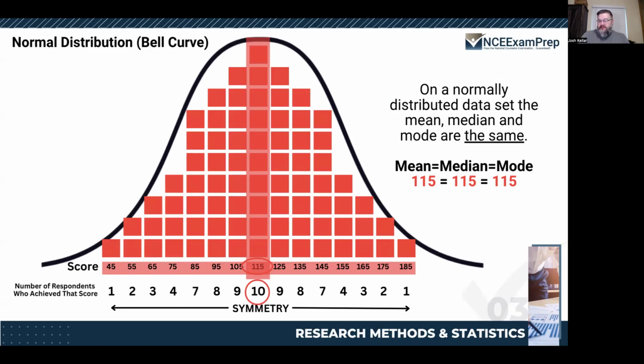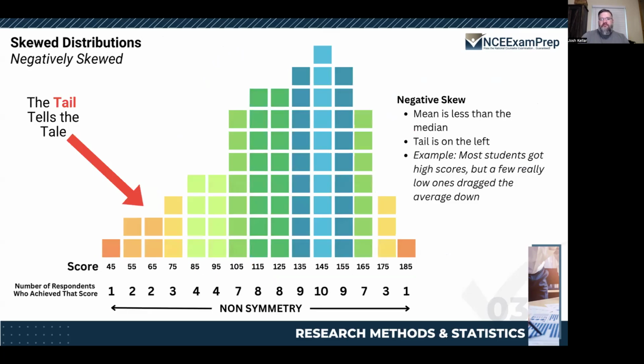So now we get to understand what's different about a negatively skewed or a positively skewed distribution. The distribution just means how these scores are distributed across the possible scores that were received. On a negatively skewed distribution, the mean is less than the median. The average score is going to be lower than the middle score, and the tail is on the left.